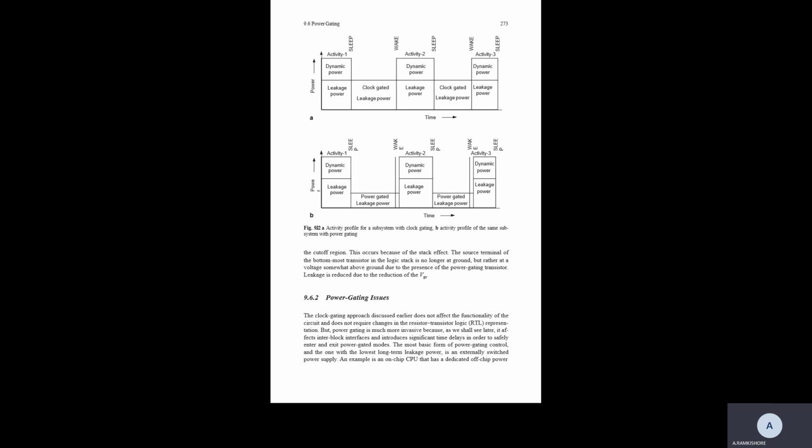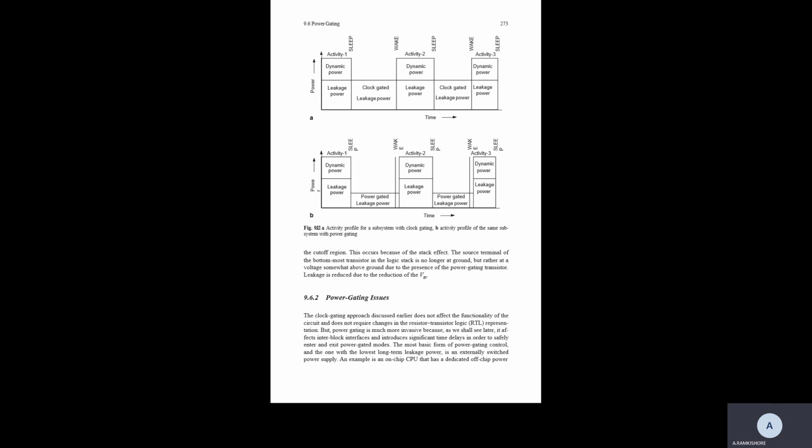The source terminal of the bottommost transistor in the logic stack is no longer at ground, but rather at a voltage somewhat above ground due to the presence of the power gating transistor. So finally, leakage is reduced due to the reduction of the gate to source voltage.